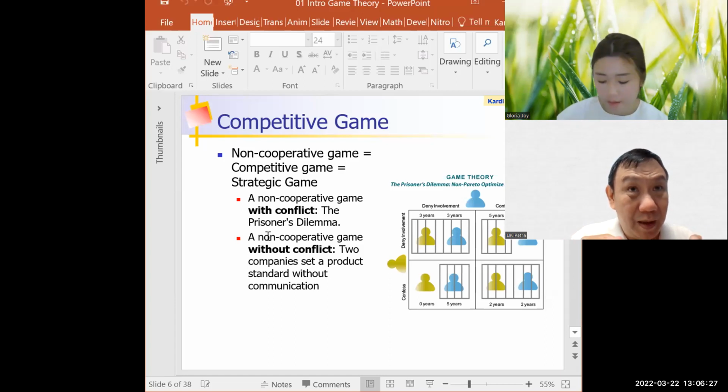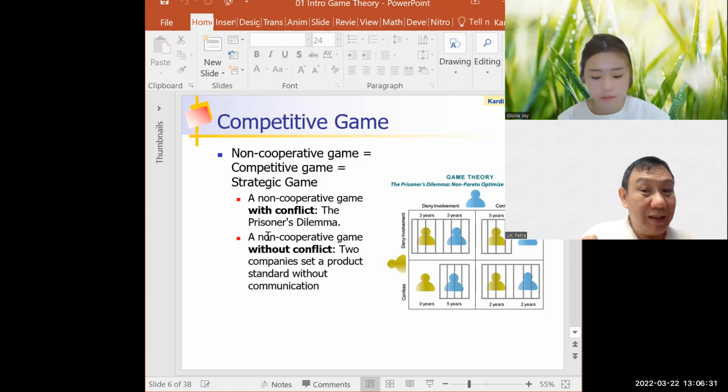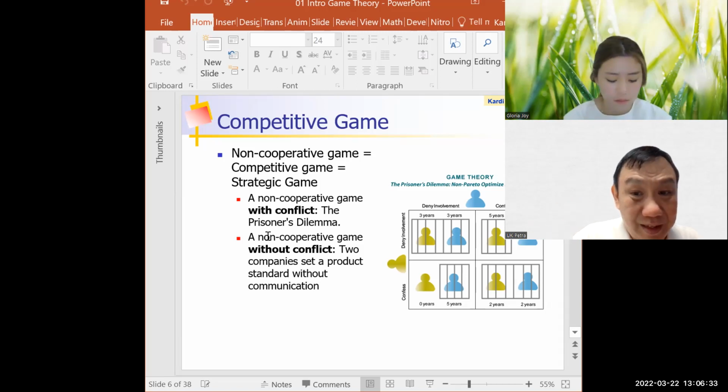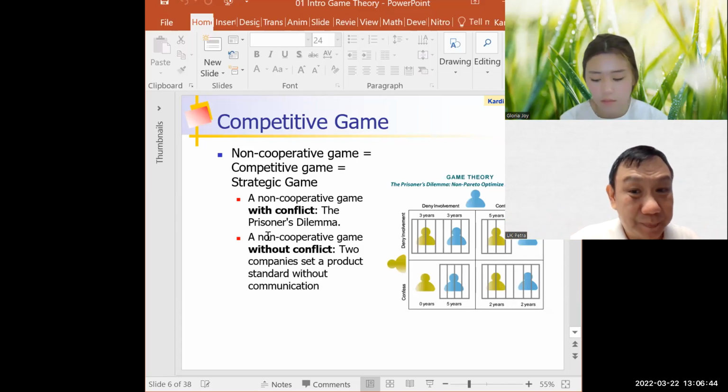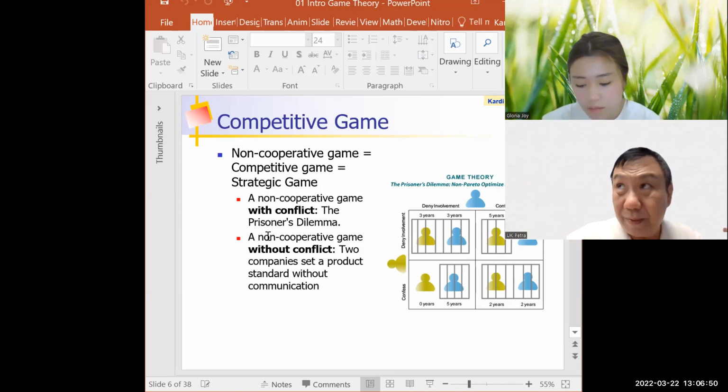But even though we are competing, we also create a standard agreement among these companies so that our products can talk to each other, so that our software can be linked to other software.